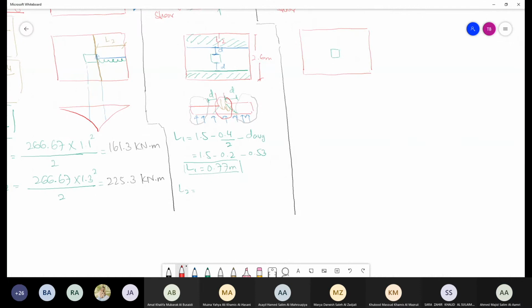So you can see that this is going to equal 1.3, which is half of the foundation, minus once again 0.4 divided by 2, because the other side is 0.4, minus 0.53. So L2 in this scenario equals 0.57.